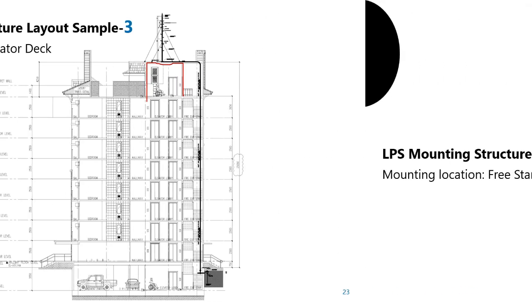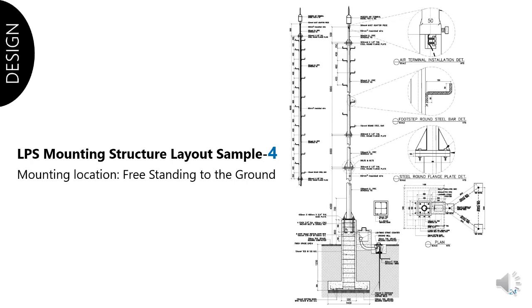Okay, number 4, a freestanding one on the ground. It is almost the same here. It does happen. The difference is the foundation or a column to support or hold the lightning pole.